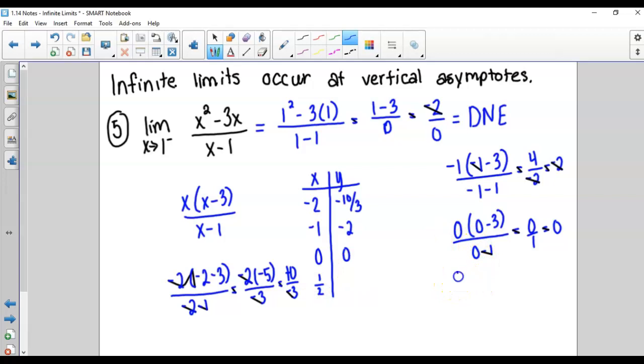So if I do 1/2 times 1/2 minus 3 over 1/2 minus 1, I would get 1/2 times negative 5 over 2, over negative 1/2.